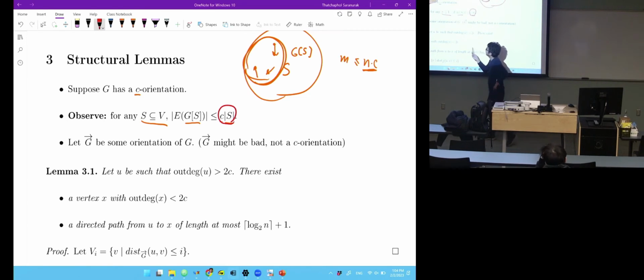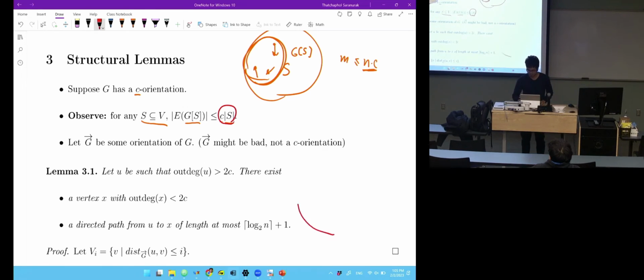In particular, suppose that there is some node u in this orientation such that the out degree is more than 2C, much more than C. Now I claim that there will be another node x whose out degree is at most 2C, and you can find a directed path from u to x whose length is just log n. So it's kind of short.